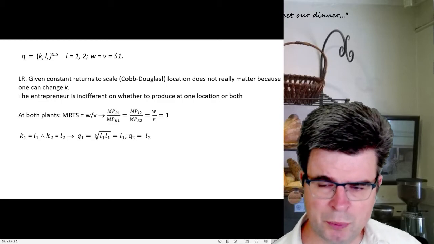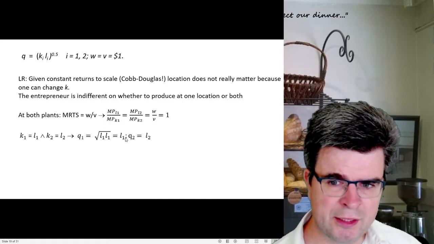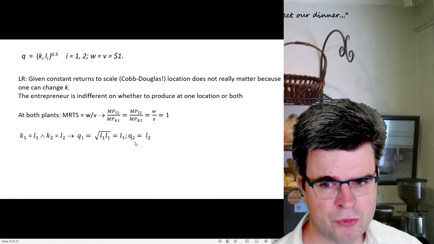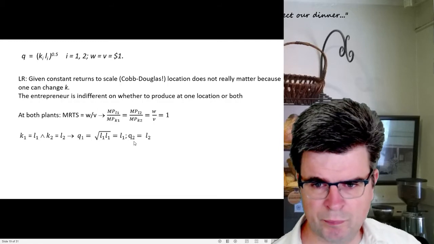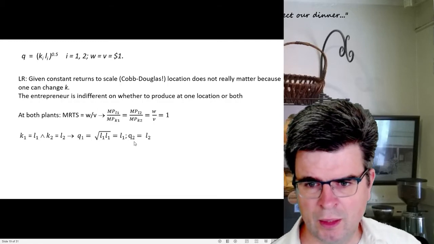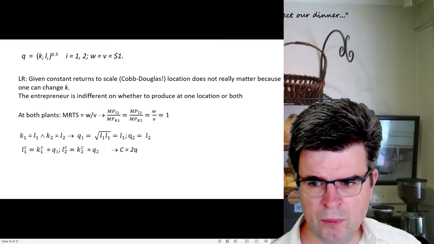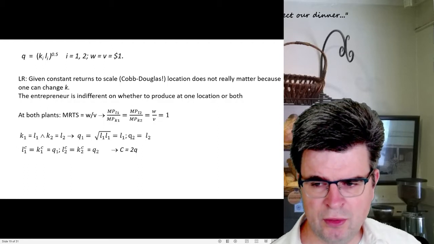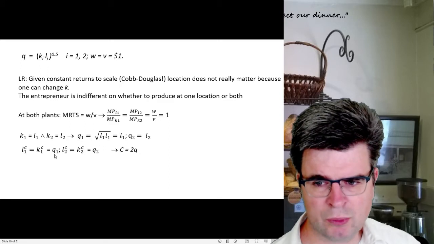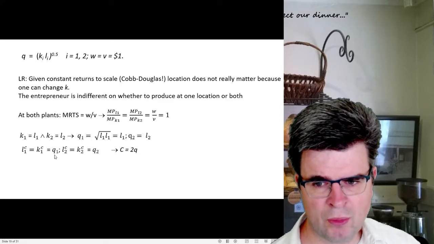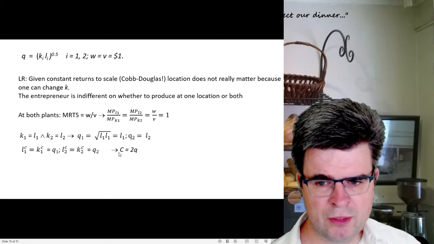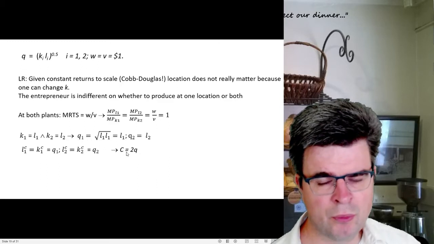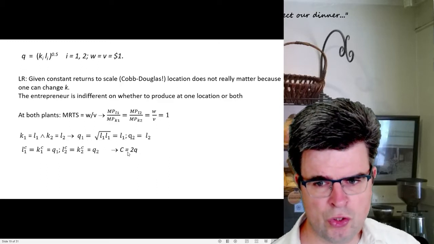So that's the square root of L1 squared, which is L1, and the same holds for plant 2. So the contingent demand for labor and capital in both plants equals the output level in the long run. So it means that the cost function is equal to 2 times Q.